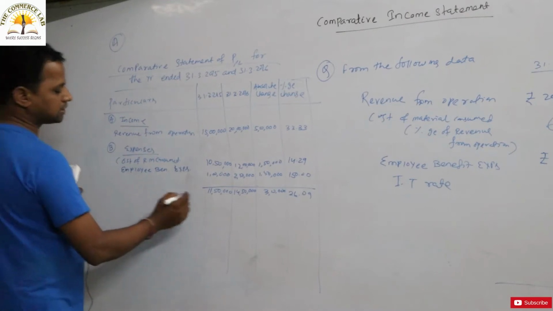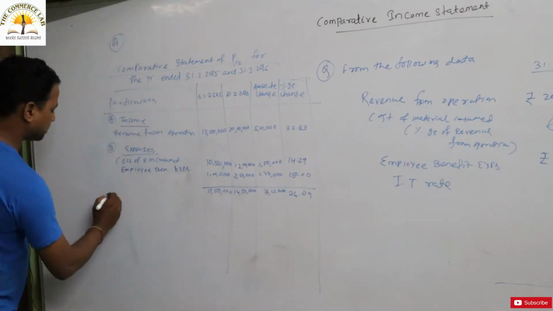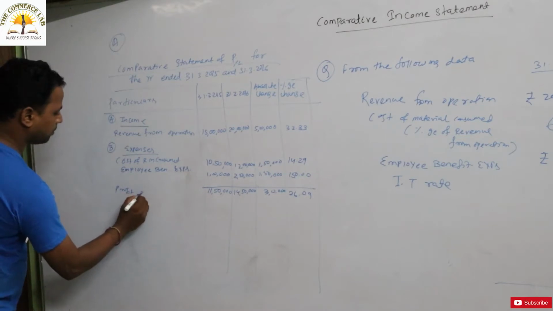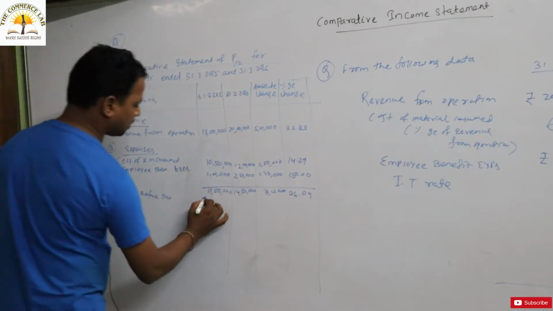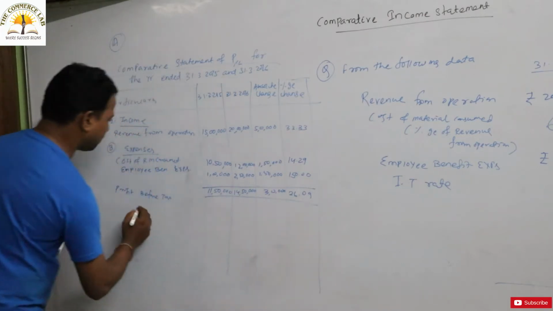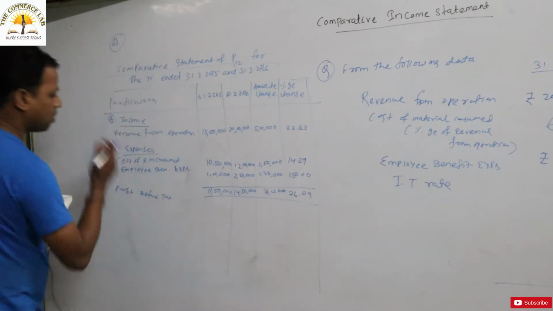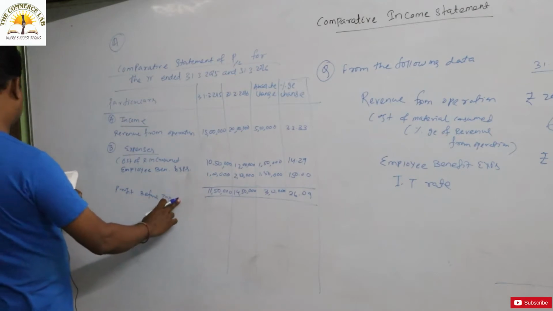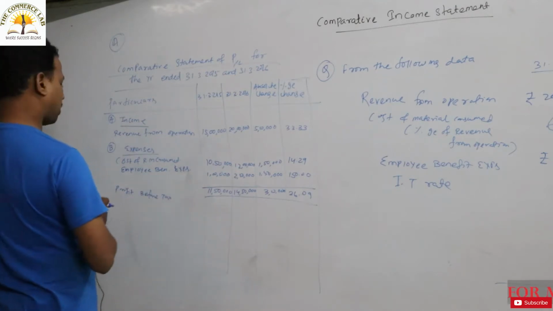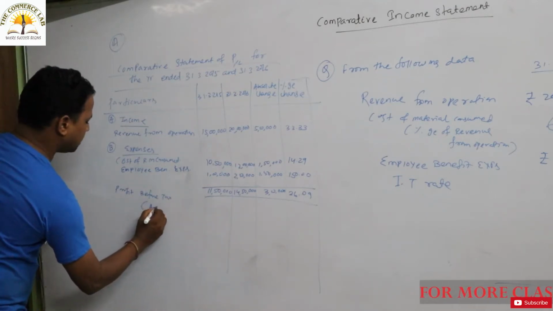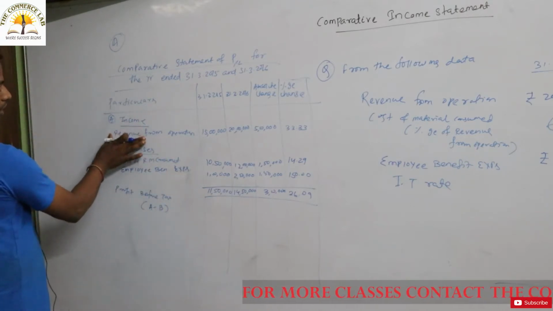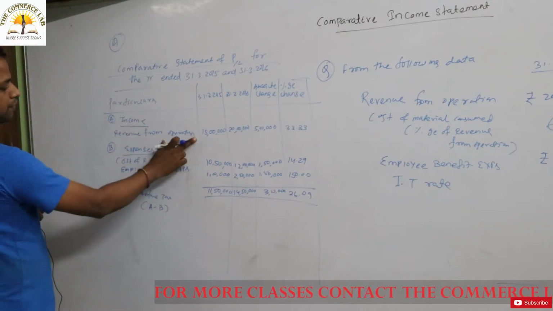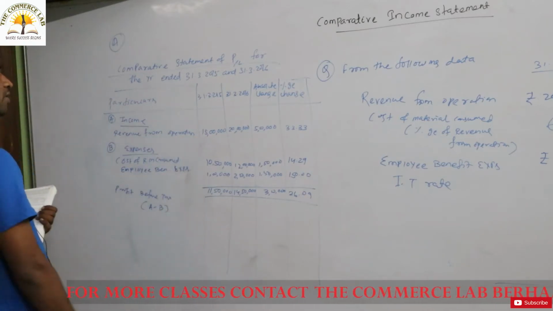So what came, everybody? The expenses came. So income minus expenditure is profit. Okay. So profit before tax. We have to calculate profit before tax. How to calculate profit before tax? A minus B. Okay, this is the income, this is the expenditure, total A minus total B. So 15 lakh minus 11 lakh 50,000.